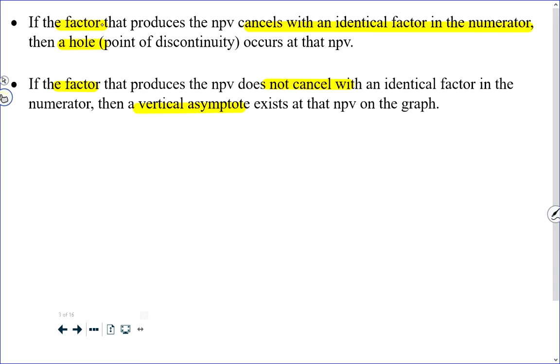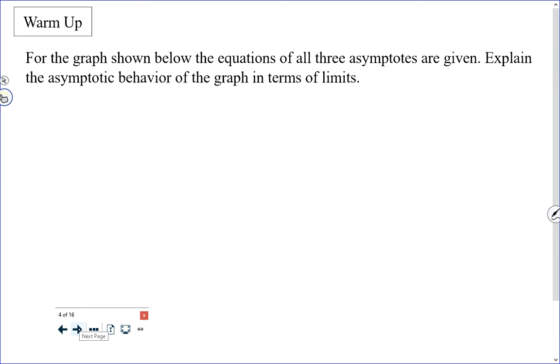So we don't care about the holes, we do care about the vertical asymptotes. We're learning about when we get a hole and when we get an asymptote so we know what we need to concern ourselves with. All right, let's take a look at a warm-up which has nothing at all to do with holes or points of discontinuity.